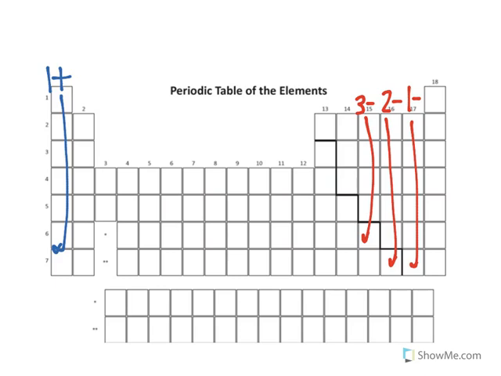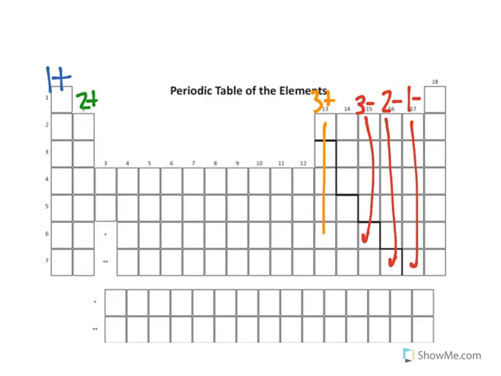Down this whole group, we can anticipate that these will form 1 plus charges. Down the group next to it, they will lose 2 electrons in order to achieve that noble gas configuration. And over here, they will gain 3 down this whole group. So you can use this breakdown to predict the charges that the elements within these 6 groups will make.